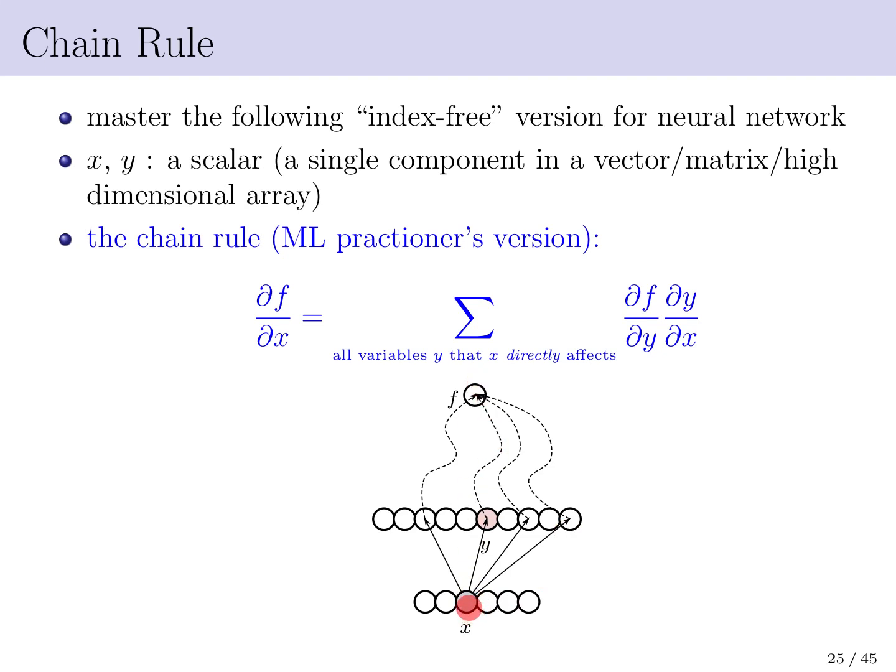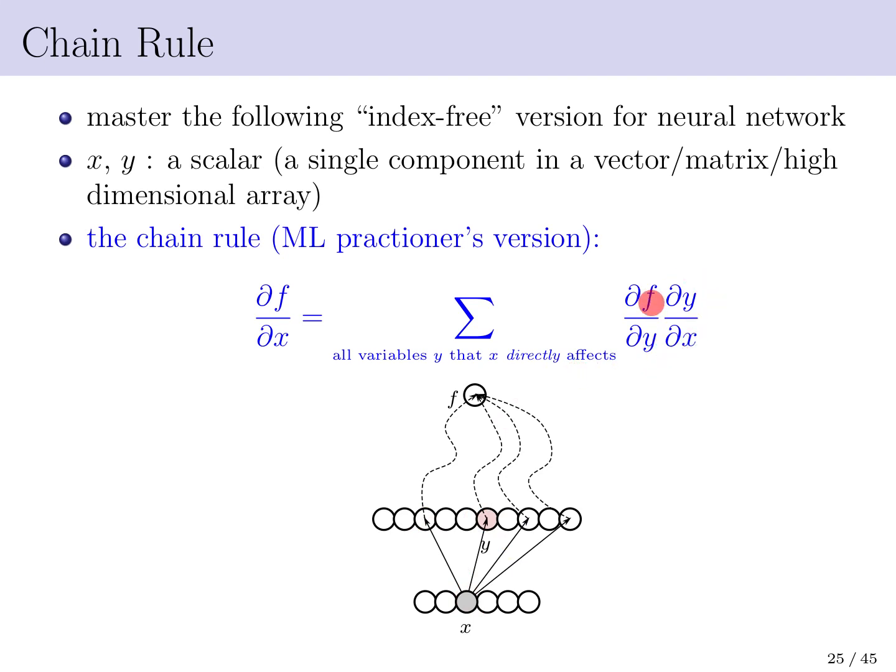To obtain that, you simply remember the chain rule in this form. You sum over all variables y that this particular x directly affects. In general it may be all of them, but in some cases it may be only a part of y.